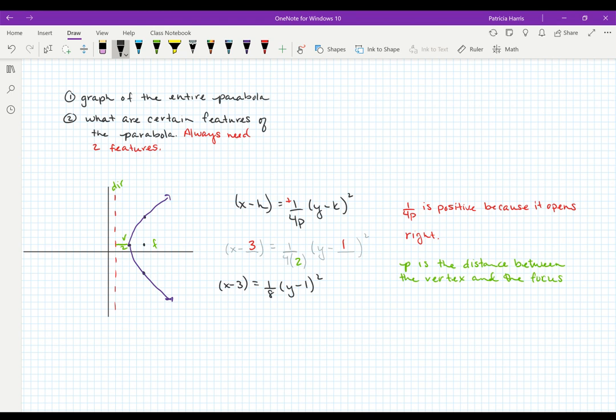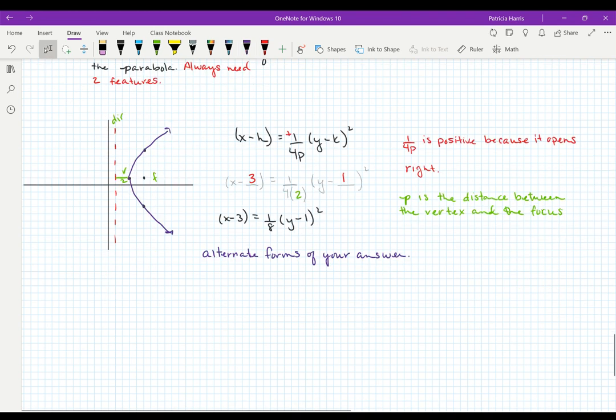Now remember that you can rearrange these, so here are alternate forms of your answer. It could be this.